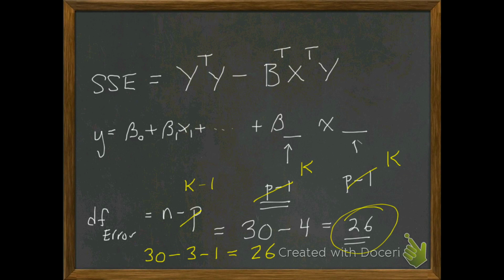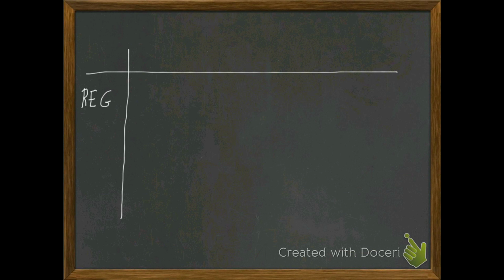So, gang, what I'm going to do here is ultimately create a table. We're going to have our regression. We're going to have our error, which is typically referred to as residual. And I want my total.